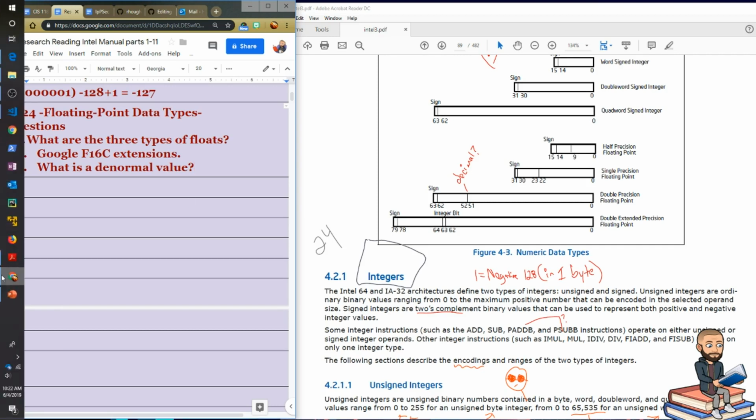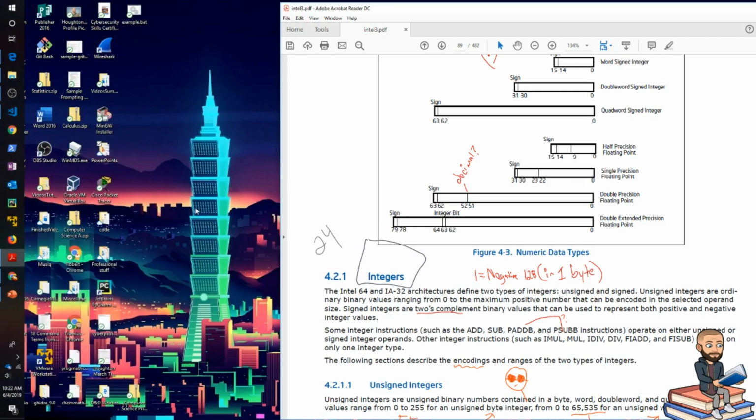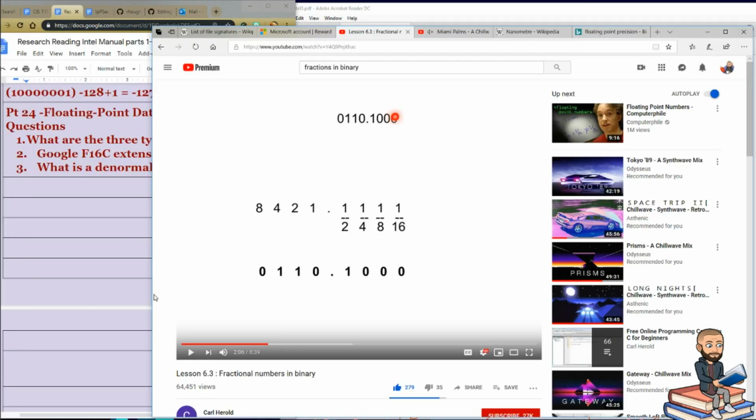And let me jump to another resource to describe this better to you. I suggest you watch a video from Carl Harold on YouTube because he talks about fractional numbers and binary and does a great job. But let me just highlight the important parts. So if I have two binary numbers, if there's a decimal, what I do is I have to flip it.